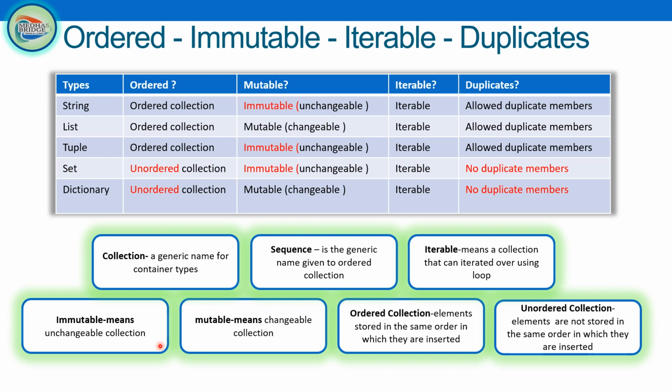Immutable means unchangeable collection. Mutable means changeable collection. Ordered collection means elements are stored in the same order in which they are inserted. Unordered collection means elements are not stored in the same order in which they are inserted.